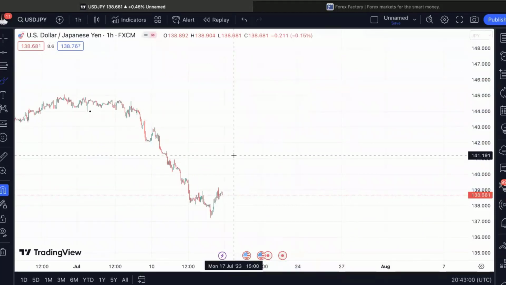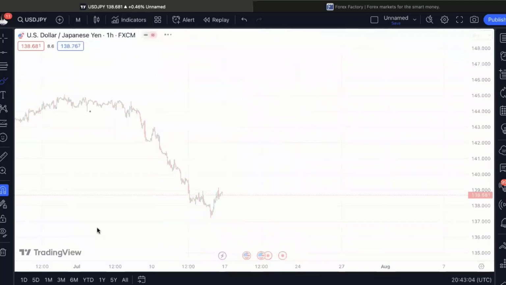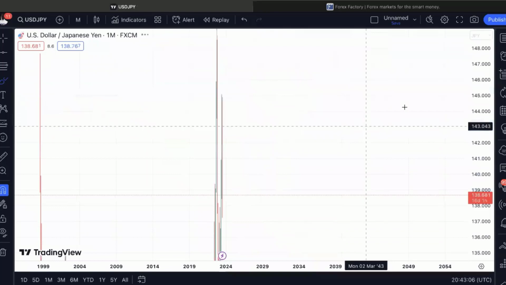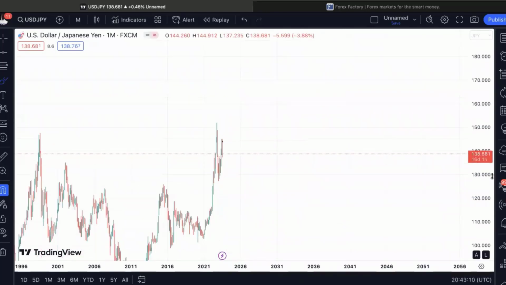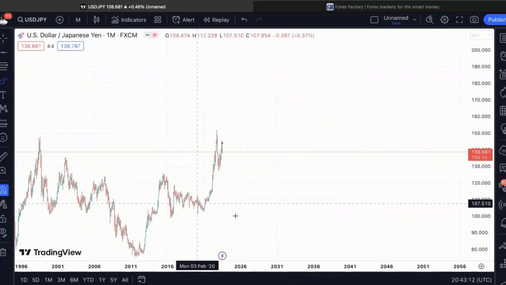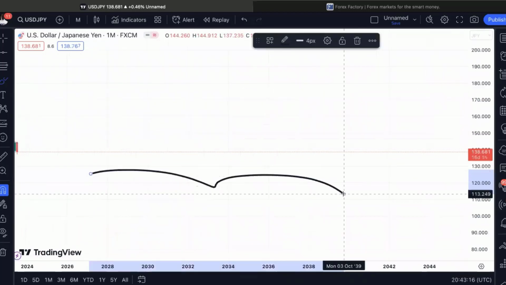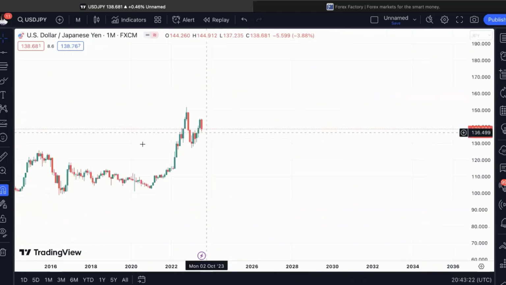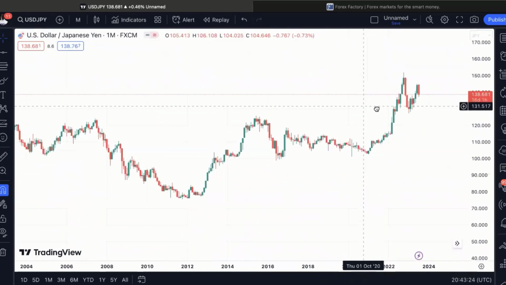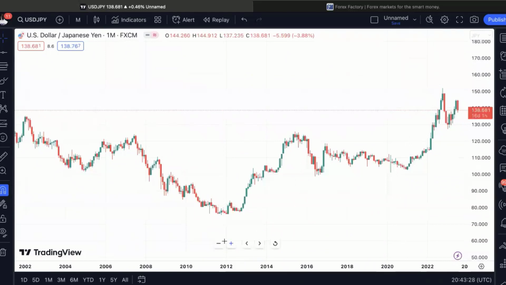Because when you go to the higher time frame for monthly and you look at what is going on in the monthly time frame, so on the monthly time frame now, what do you see?